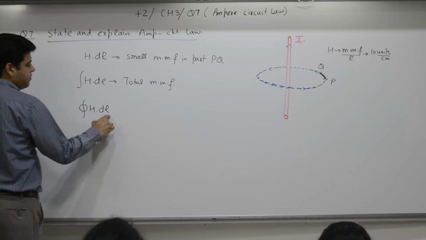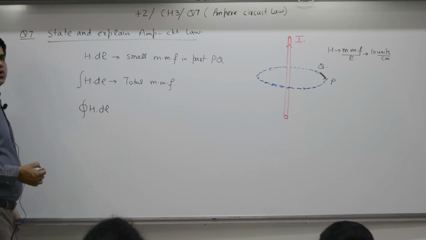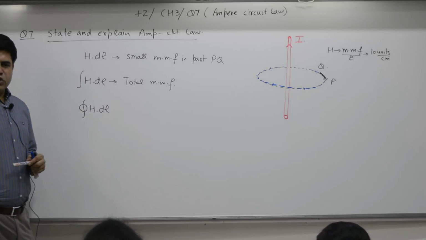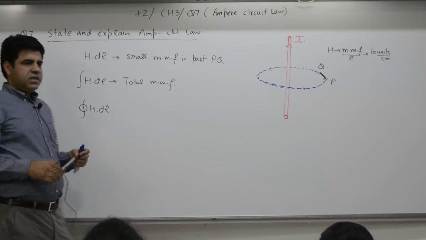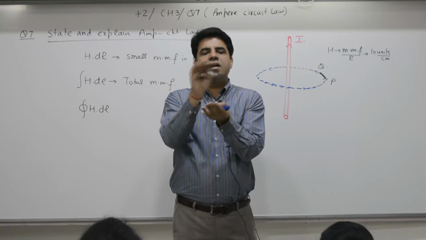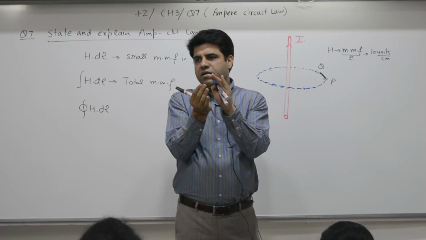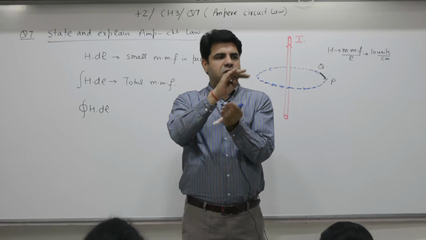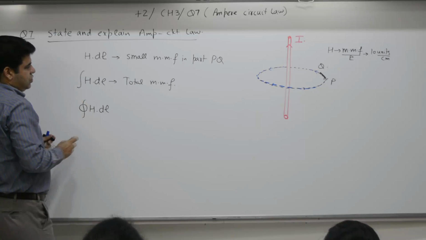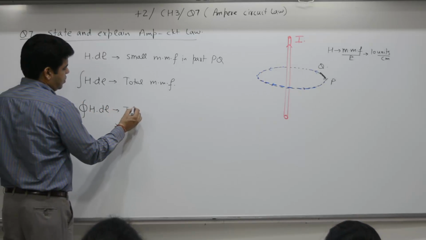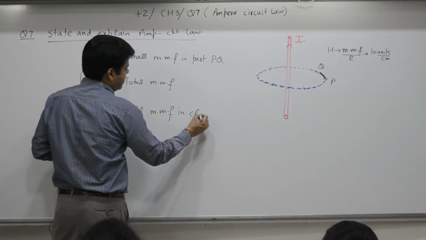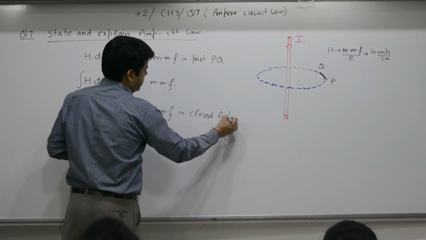If this is a length, closed means closed loop. If it is area, like chapter 1, Gauss's law, closed means closed surface area, sphere, football. Here it is length. Closed means closed loop. So it represents total MMF in a closed loop.